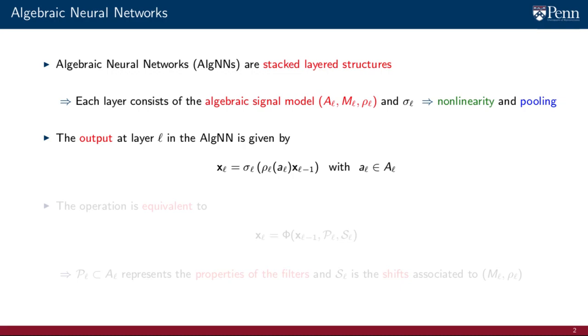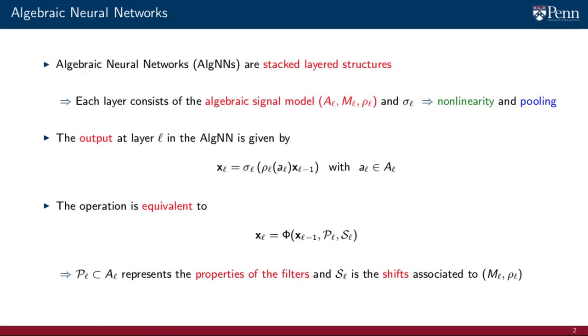Then, the intermediate feature passes through the nonlinearity and pooling operator sigma sub L to generate the output x sub L. The above operation can be represented equivalently as a nonlinear map phi of x sub L minus 1, calligraphic p sub L, calligraphic s sub L, where calligraphic S sub L is contained in the set A sub L and highlight the properties of the filters, while S sub L is the set of shifts associated to the representation pair M sub L and rho sub L.